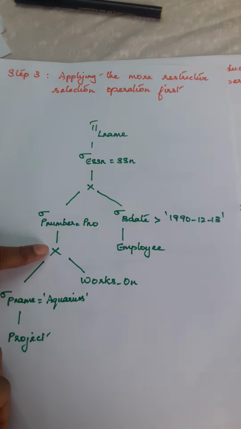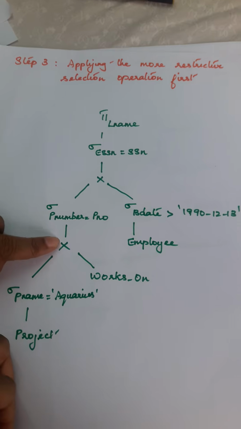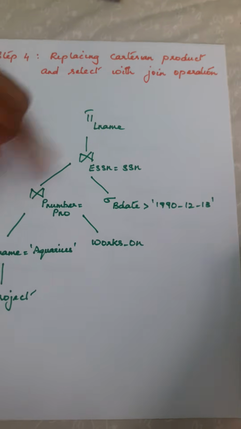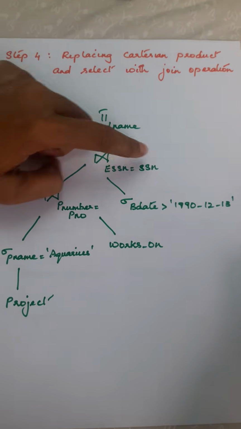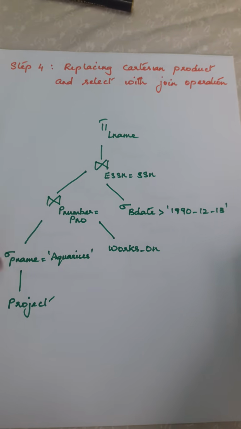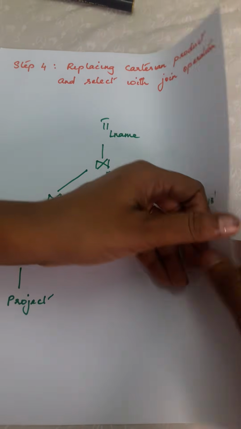Same way here also, if we apply this equality condition to this Cartesian product, we will get a join. So that way we have combined and we have got these two join operations. Here it is join of ESSN is equal to SSN, and here it is join of P number is equal to PNO. Rest of the tree structure will be the same. That is step 4.